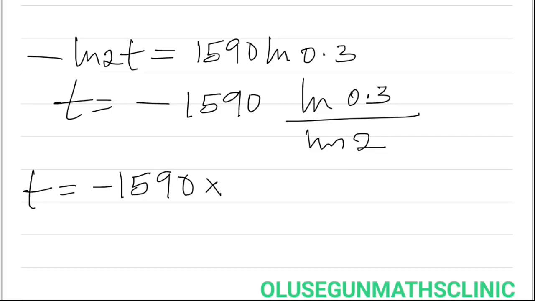Let me press calculator. ln 0.3 is equal to minus 1.204 over, so let's find ln 2, is equal to 0.69.